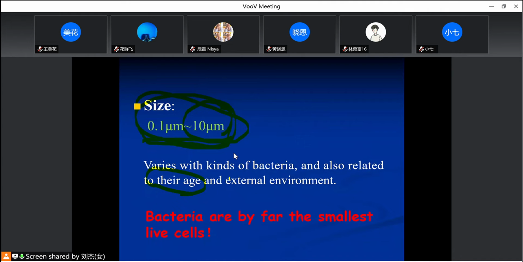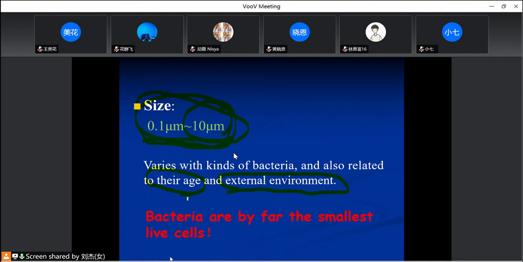And it also depends on the external environment. Because when some bacteria live in a very bad, terrible environment, they will fall asleep, just like human beings, and they grow some extra structure. Because of their extra structure, their size will change a little bit.